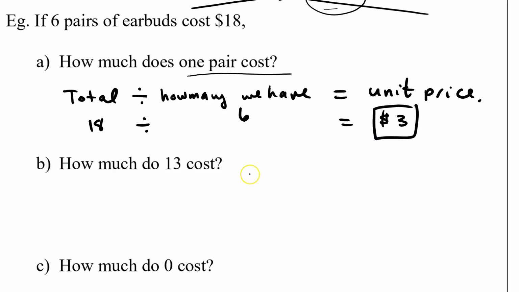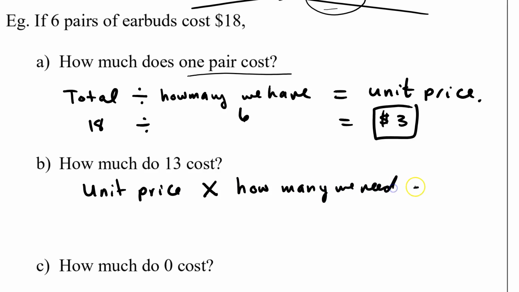How much do 13 cost? Well, in this situation, we take the unit price and we're multiplying by how many we need. And that will give us our total cost. So the unit price is $3 multiplied by how many we need, which is 13.